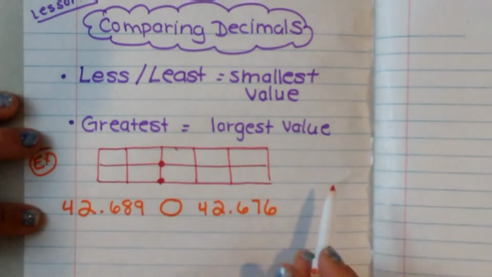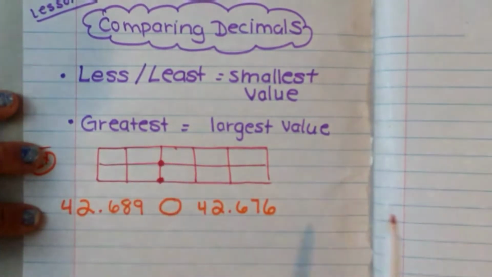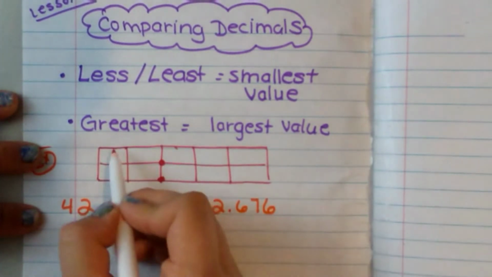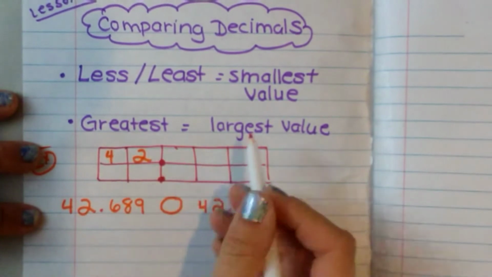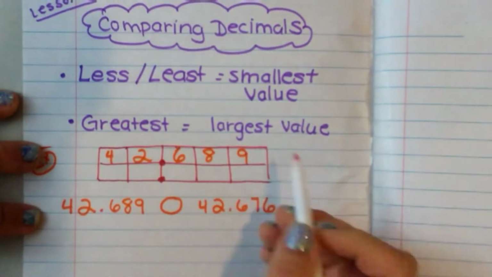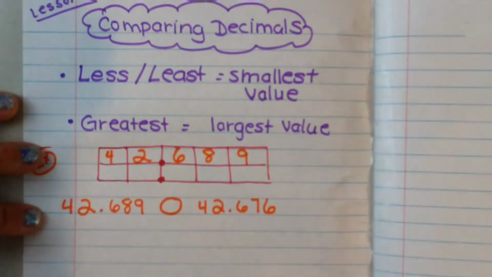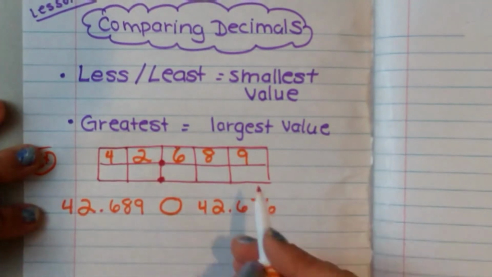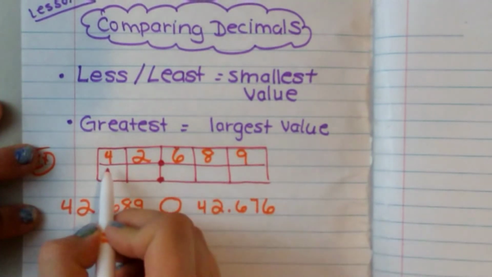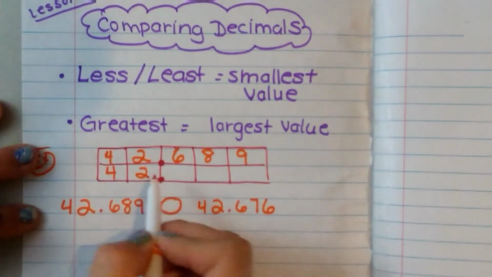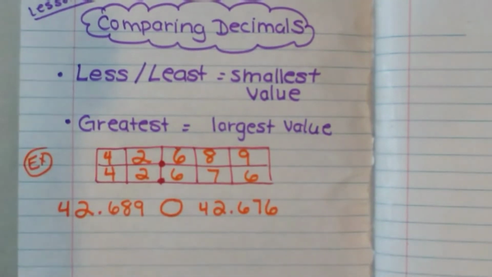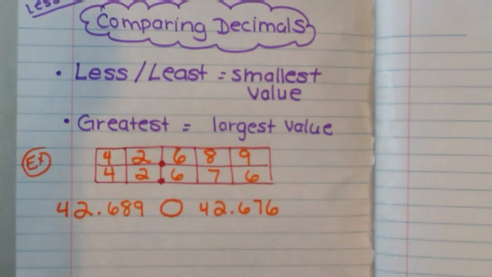Okay. I'm going to put where the decimal is. I'm going to write it right here, 42 and 689 thousandths. Now I'm going to line up all the place values. Make sure I have it in the right one, 42, 676. Okay, so I have them lined up. I have to line up my decimal and go from there.